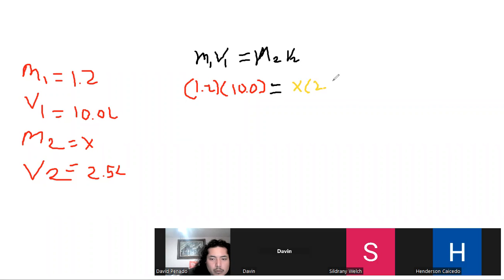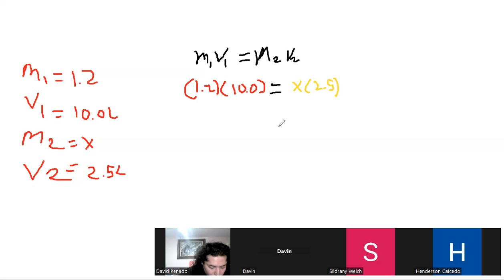Milliliters to liters, we divide by 1,000, but there's no milliliters, they're all liters. Oh, sorry, I looked at the bottom one. I was looking at the milliliters in 27. That threw me off. Okay, my bad. That's cool.